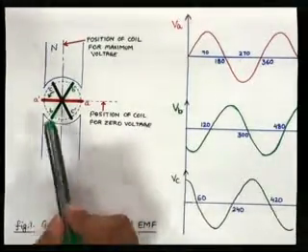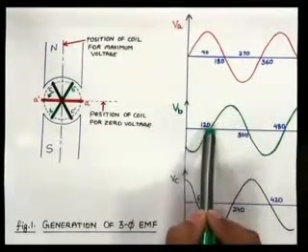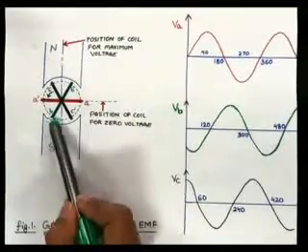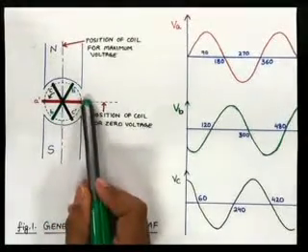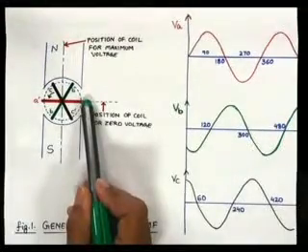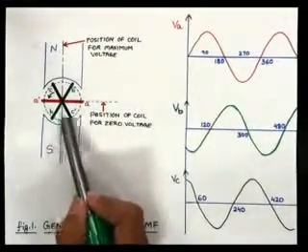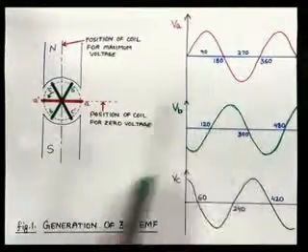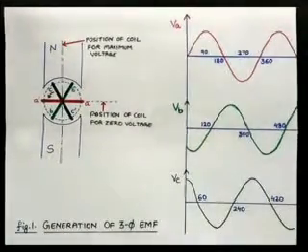So what will be the EMF induced? 0. So this is 120 degrees. It has covered a distance of 120 degrees till here. So when it has covered an angular displacement of 120 degrees in the counterclockwise direction, in this position the EMF induced in this coil will be 0, right?